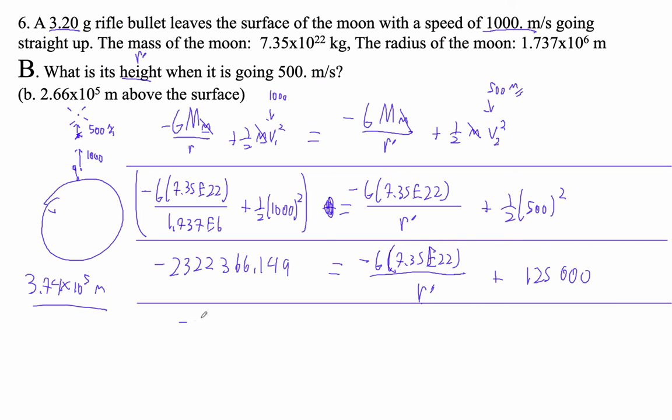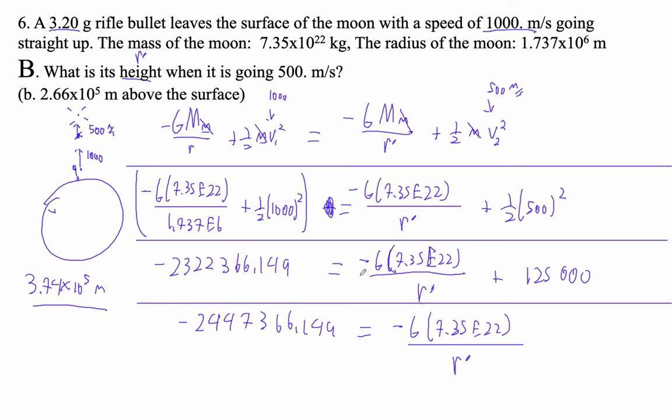Okay, so now what do I have? I've got negative 244,736.149 equals the opposite of G times 7.35 E22 over R prime. I'm almost there, so I'm going to go this times this divided by this. I should have the right answer. The opposite of 6.67 E minus 11 times 7.35 E22 divided by the answer I just got.